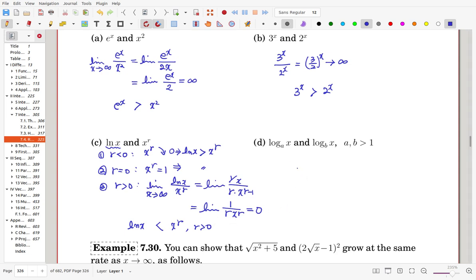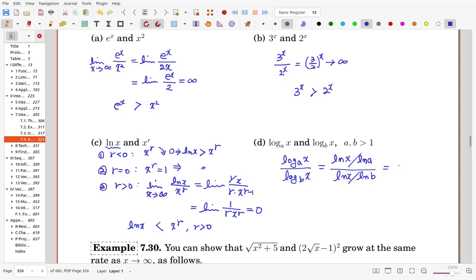Now again the same way, logarithm base a of x divided by logarithm base b of x. We can rewrite this as natural logarithm of x over natural logarithm of a, divided by natural logarithm of x over natural logarithm of b.